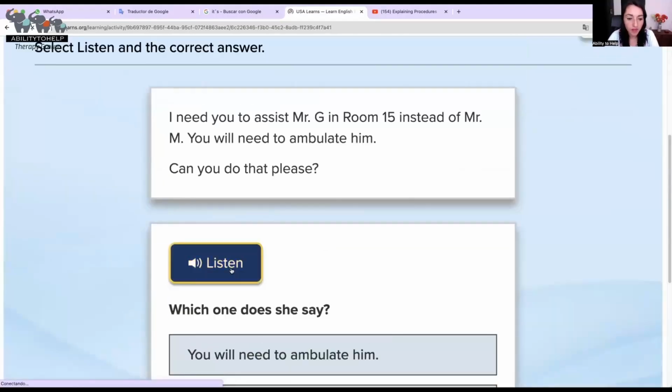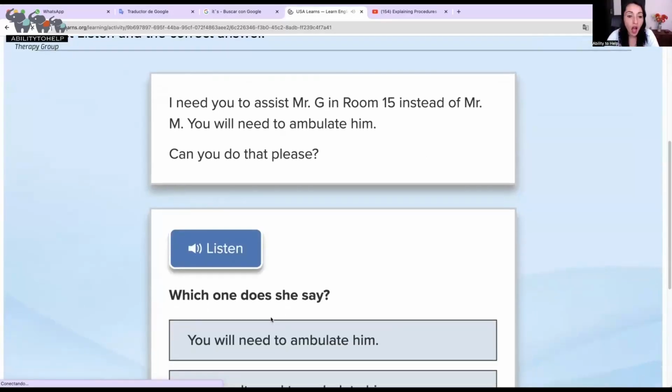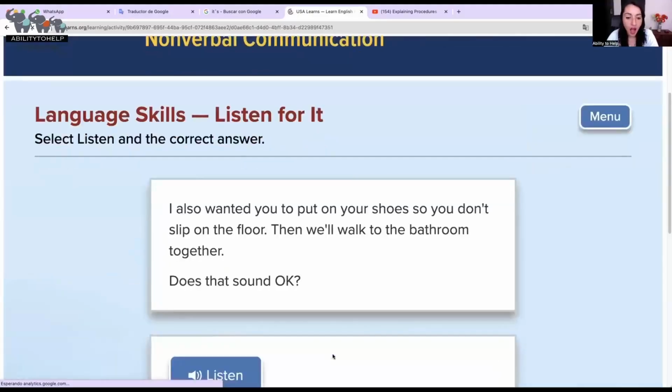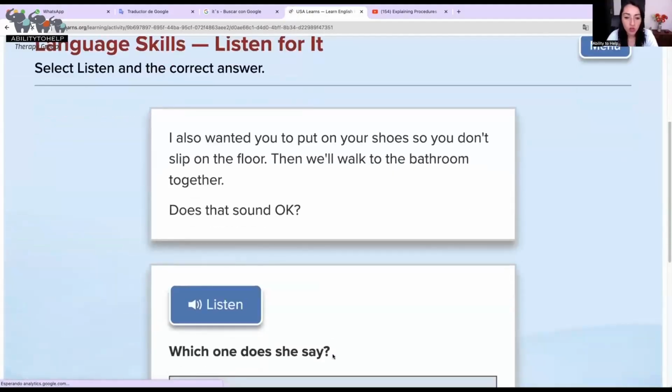So let's see. I need you to assist Mr. G in room 15 instead of Mr. M. You will need to ambulate him. Can you do that, please? I also want you to put on your shoes so that you don't slip on the floor.